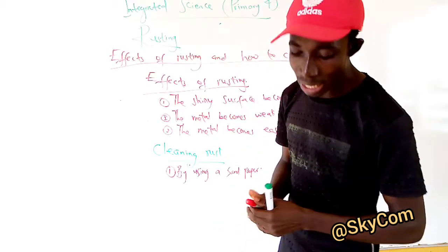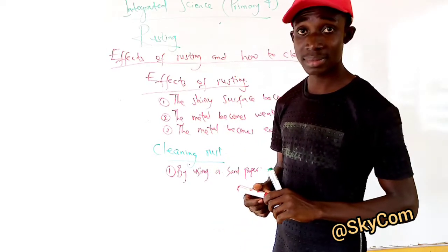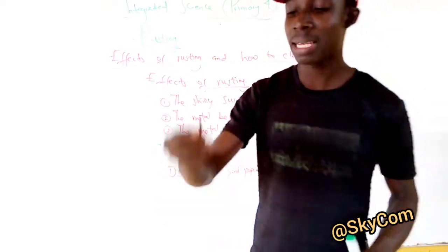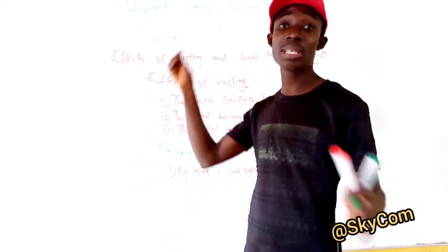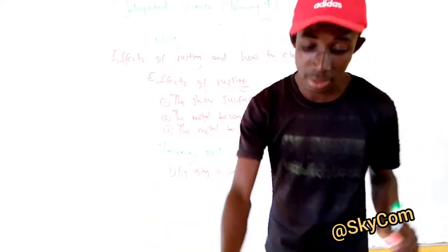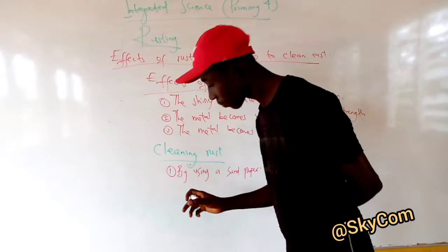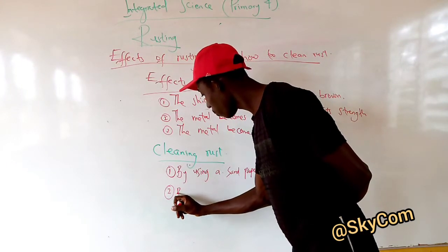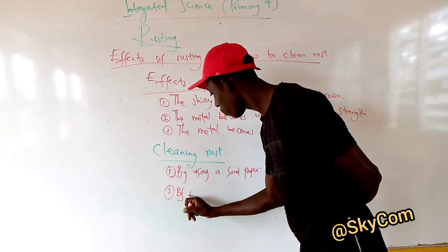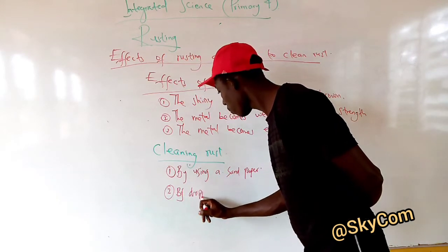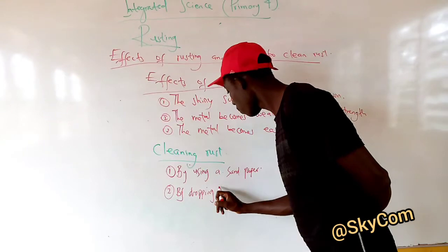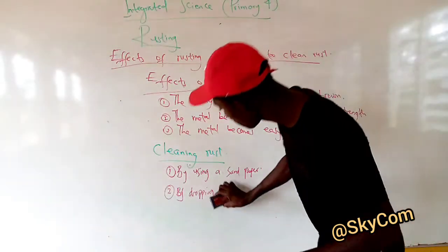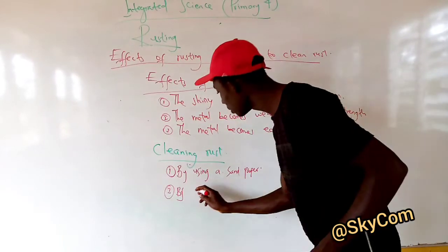Now, the next one is to use lemon juice. Or you can just take the metal that has been rusted and put it in the lemon. Let me say, by cleaning it with a lemon juice.